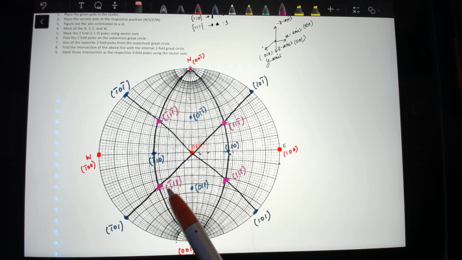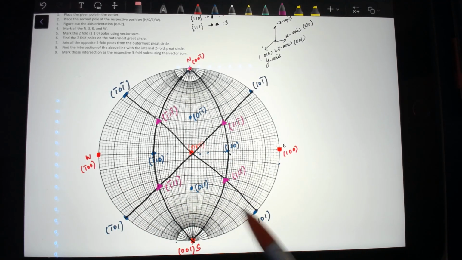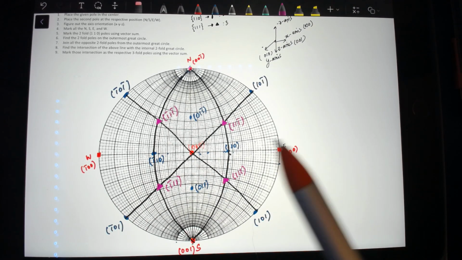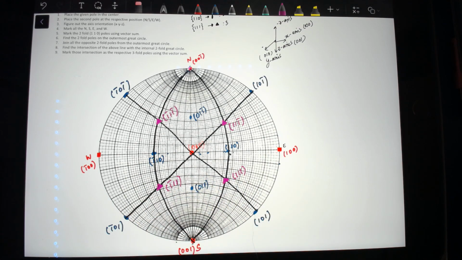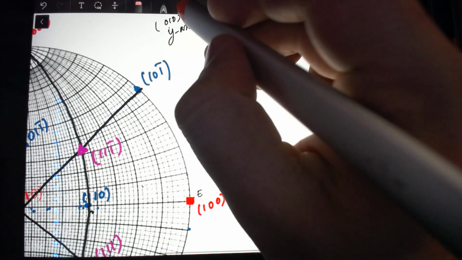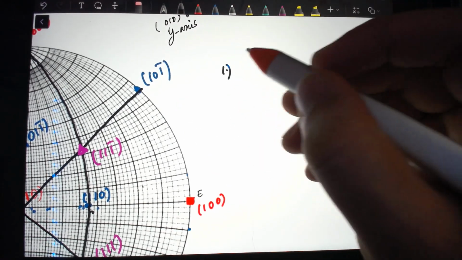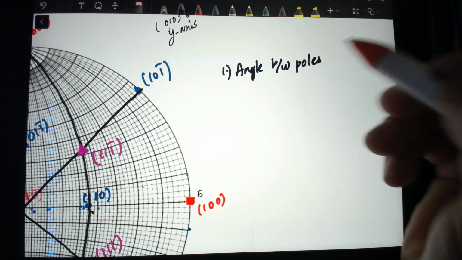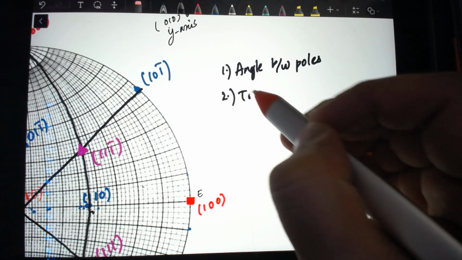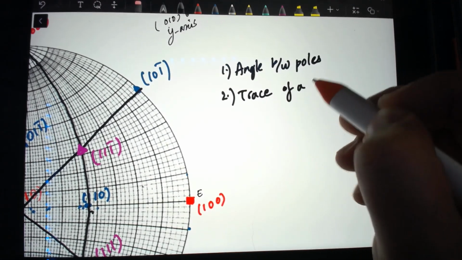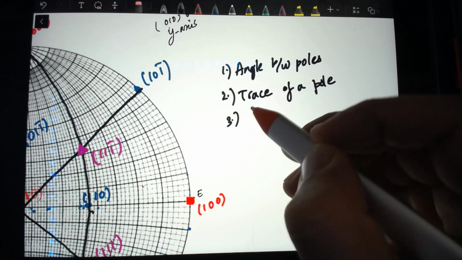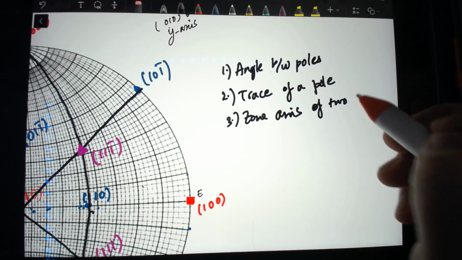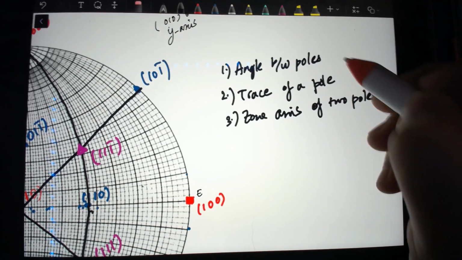So for example, if someone asks what is the angle between bar 1, 0, 1 and 1, 0, 1, or any other poles that are provided to you, or if you are asked to calculate the trace of a pole on this Wulff net, or if you are asked to calculate the zone axis of two poles, how do we do all these?